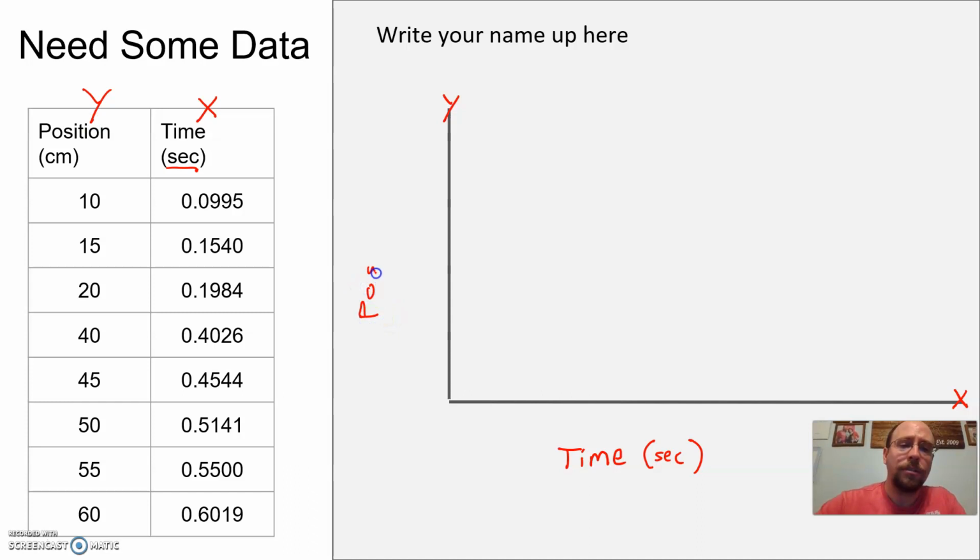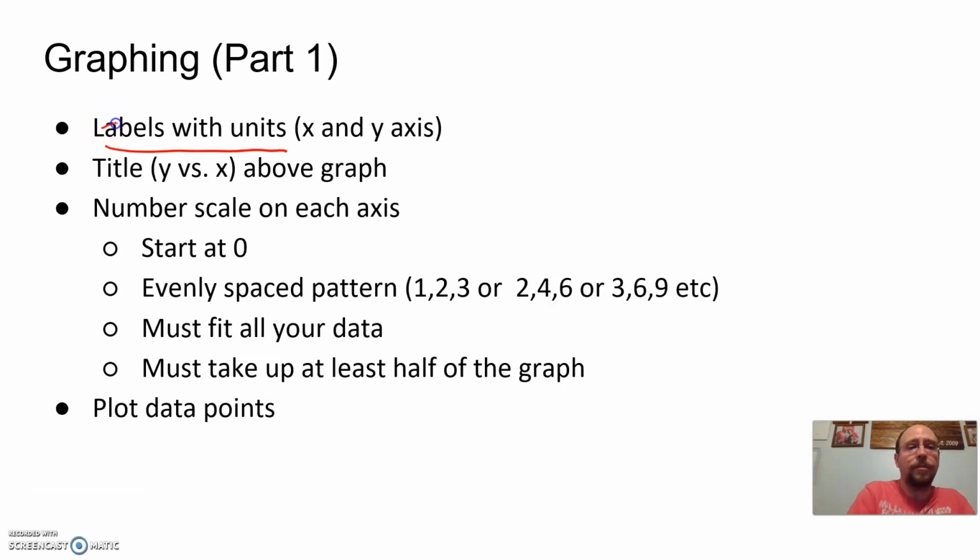So I'm going to label that along the side here, position. But I can't just have the word position, I also need a unit. It was measured in centimeters, so I'm going to label centimeters. So that's our labels with units on the x and y axis.